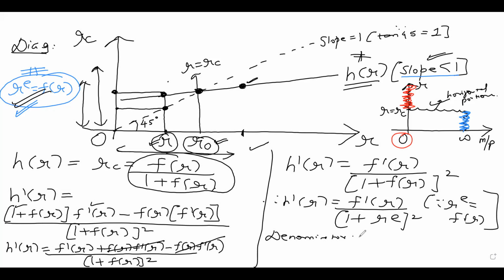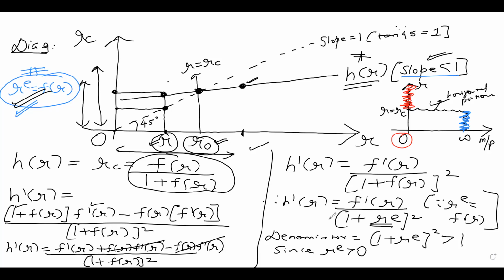If you look at the denominator, which is (1 plus RE) whole square, it is not only positive, it's even greater than 1, since RE is positive. Your expected rate of return, you can't expect a negative rate of return. Your expected rate of return RE is positive. So 1 plus something is greater than 1. So the denominator is greater than 1.